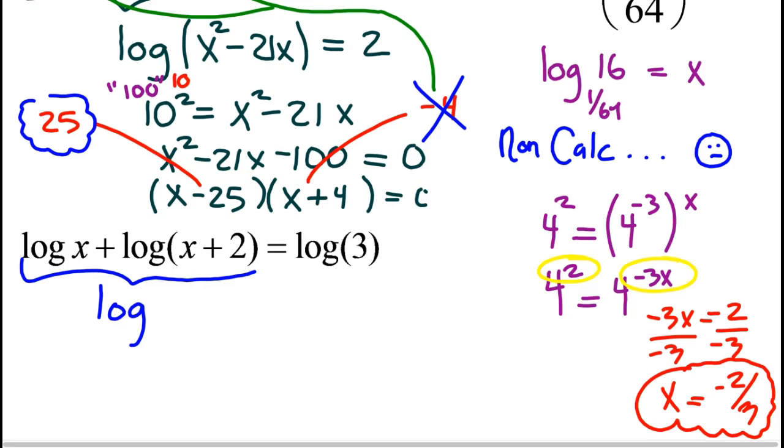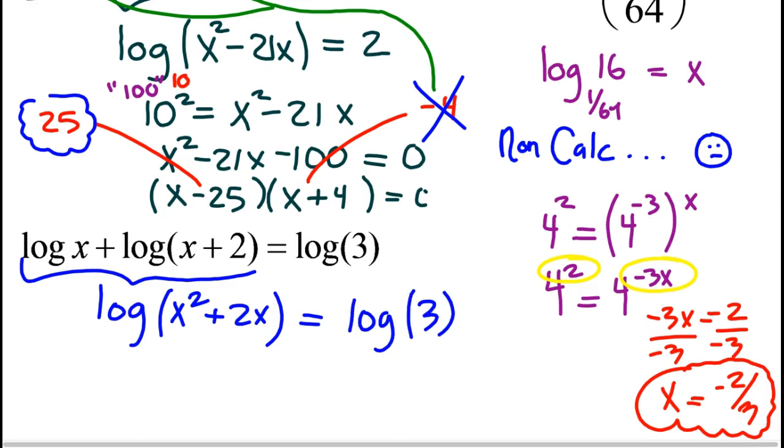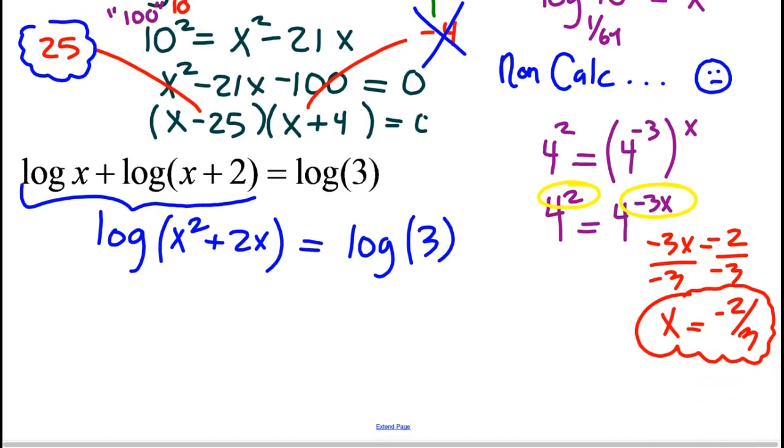We can use the product property to get this down to 1 log, right? And we distribute, x squared plus 2x. Okay, and then that equals log of 3. This one's a little different because now I have log equal log. So, well, you can't really divide by log because log really isn't like a number.